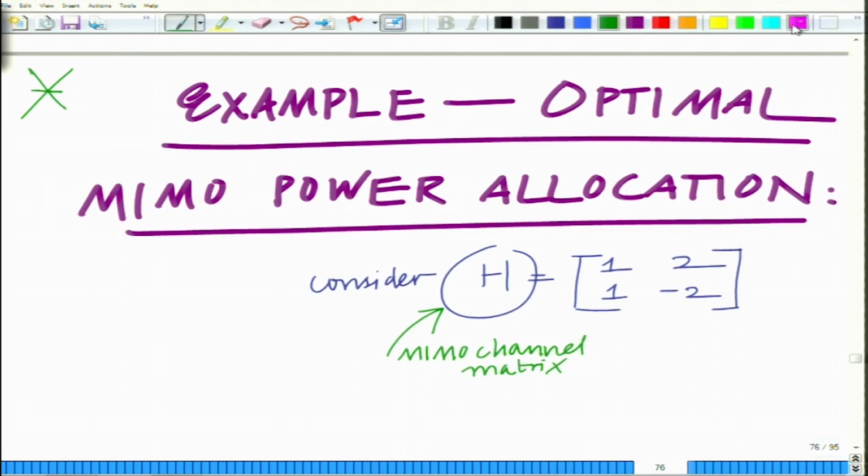You can immediately see that this is a 2 cross 2 MIMO channel with this R cross T. So, this implies R equal to 2, T equal to 2.